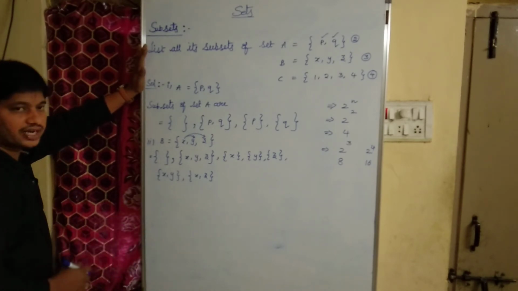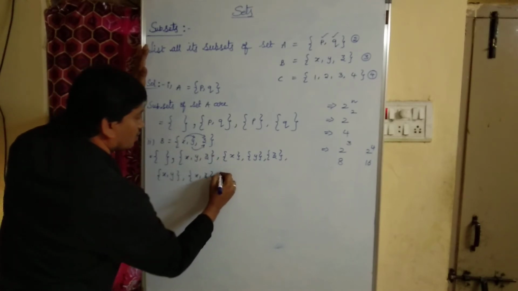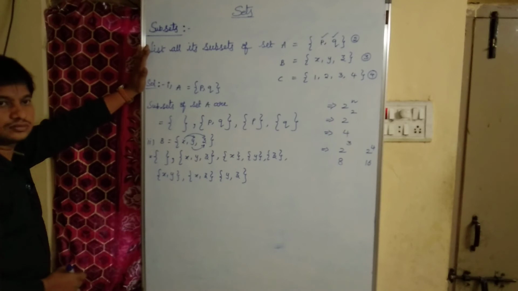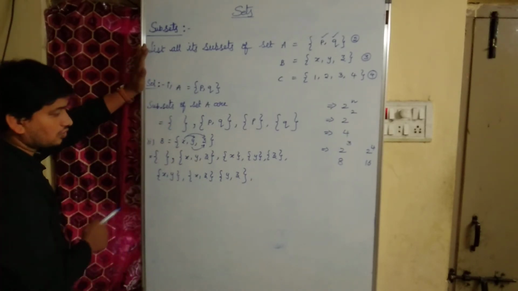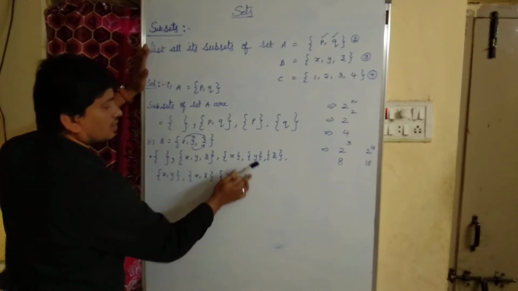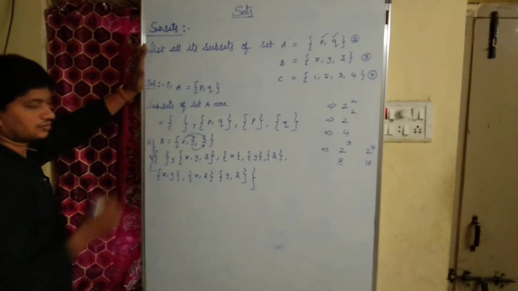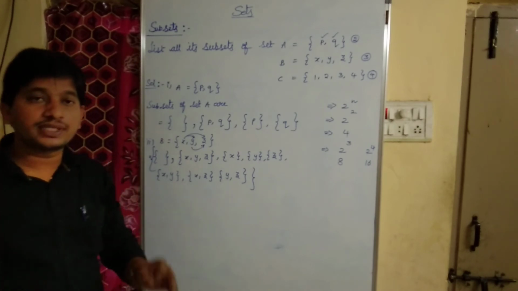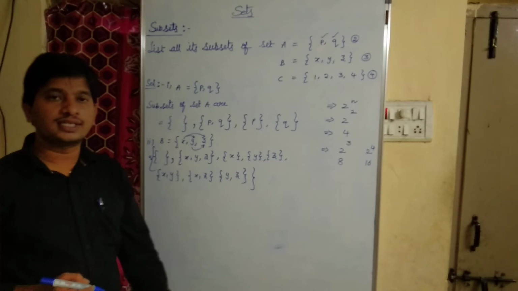Okay, two elements we are writing now: xy, xz, then yz, right? Now how many sets are there? 1, 2, 3, 4, 5, 6, 7, 8. Yes, the total number of subsets is 8, because as it consists of 3 elements, the number of subsets is 2 power 3, 8 subsets. Yes, we got 8 subsets.